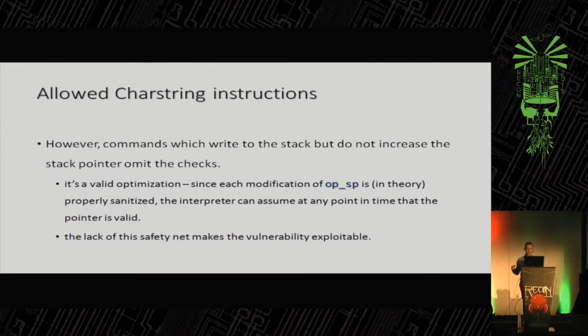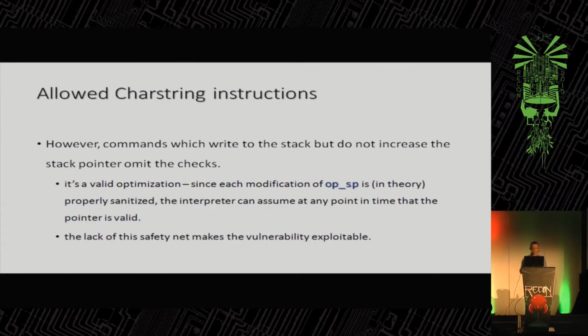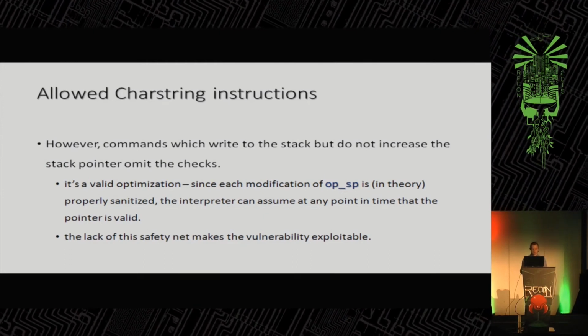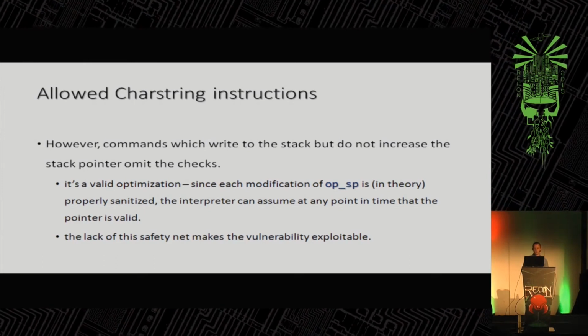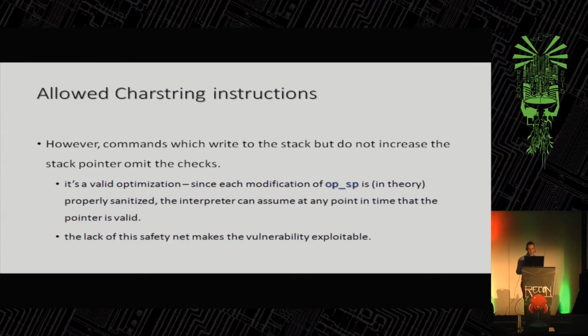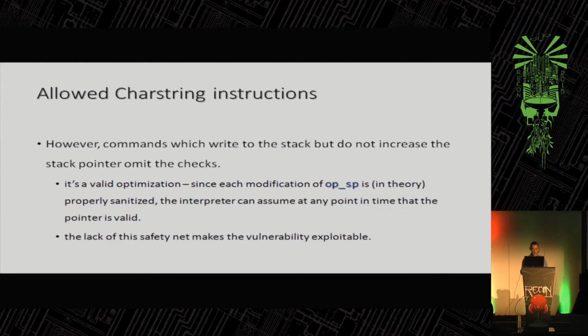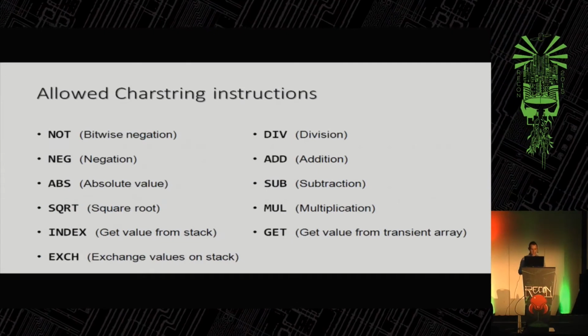In the case of those instructions, they actually don't check the OPSP pointer at all, because they don't really have a reason to: if all of the instructions that do increase it check for the condition, in theory it should also be fine for those instructions that don't increase it. So the lack of this safety net basically makes this vulnerability exploitable.